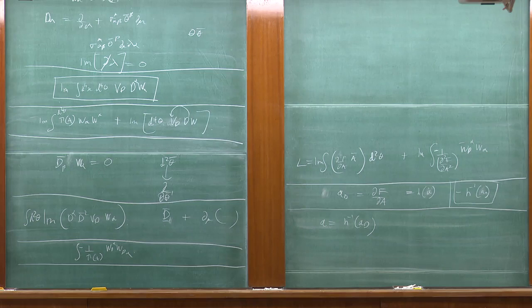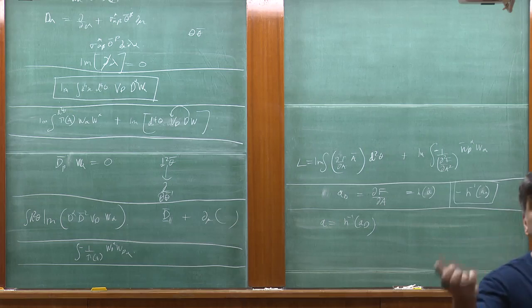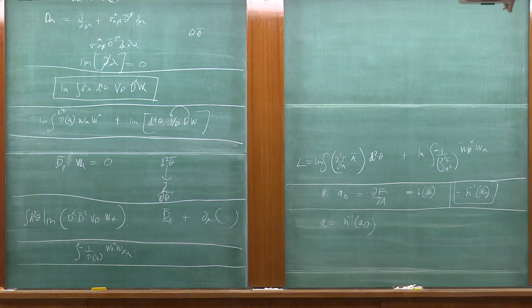The thing about this is all Jacobians in the end cancel. There were Jacobians from this, and determinants from this duality and so on. When you put everything together, all those Jacobians and measures cancel. So forget about the Jacobians for a moment. Just change to AD as your basic path integration variable. Wherever A appears, it should be thought of as a function of AD. Fine. So we've done nothing.